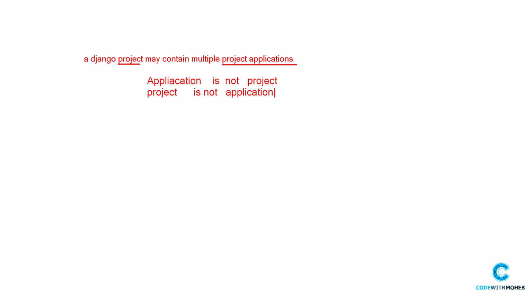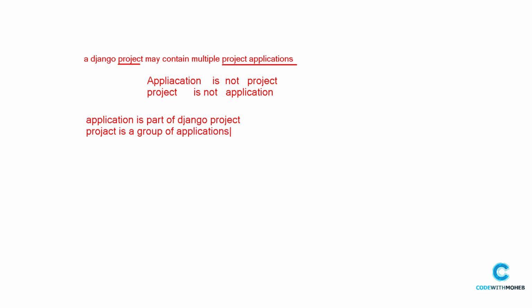So then what is application and what is project? Application is part of Django project. Then what is project? Project is a group of applications.